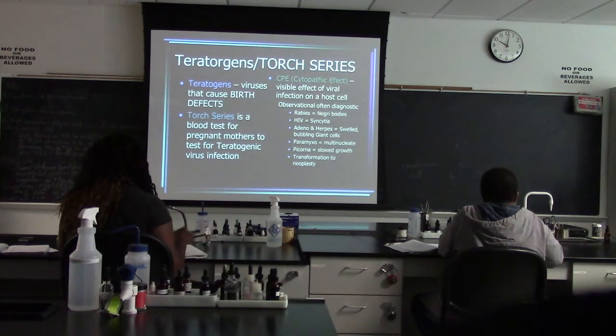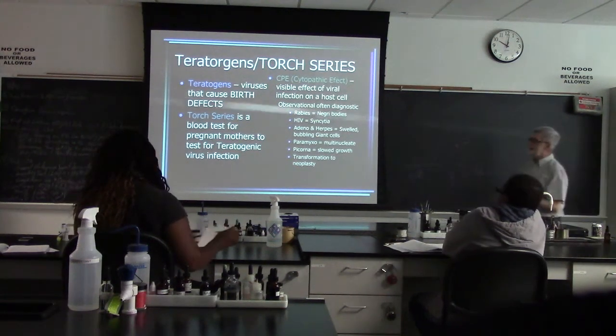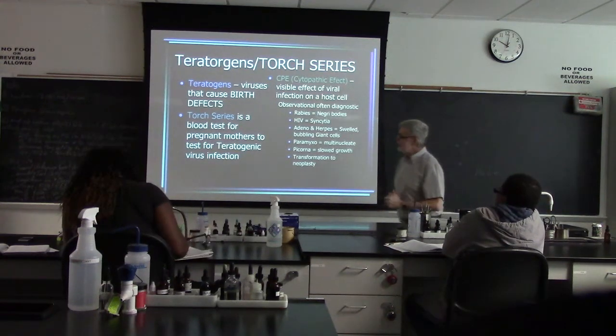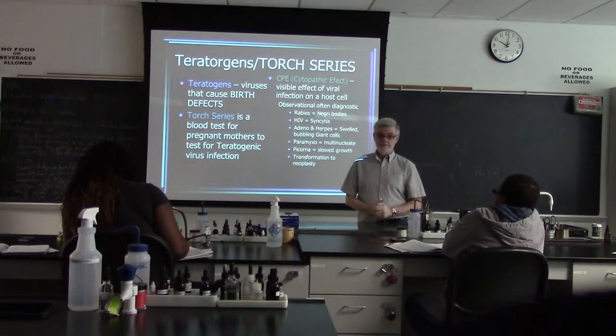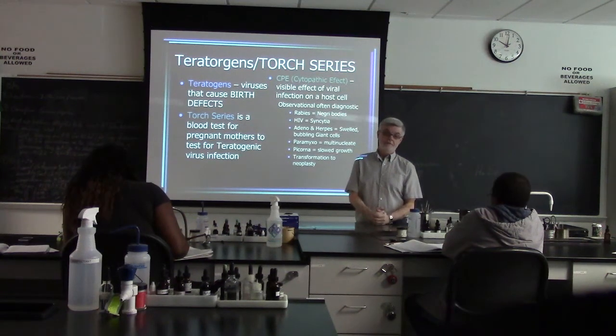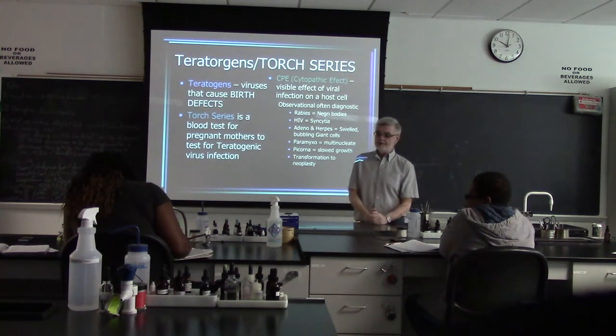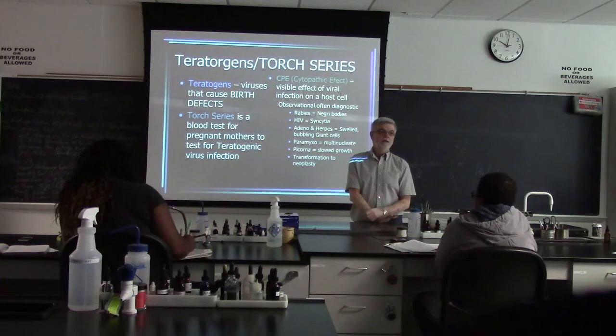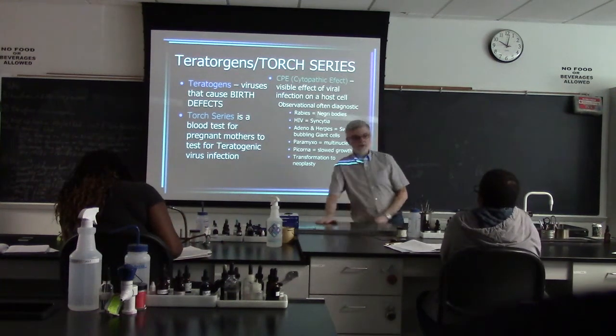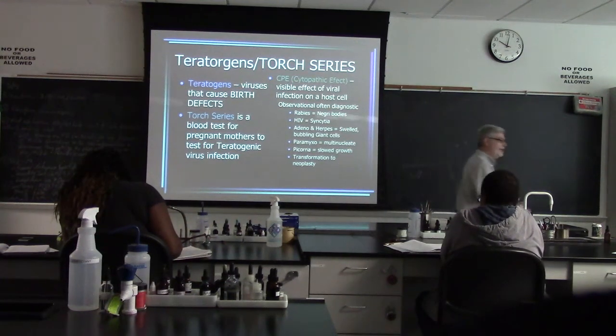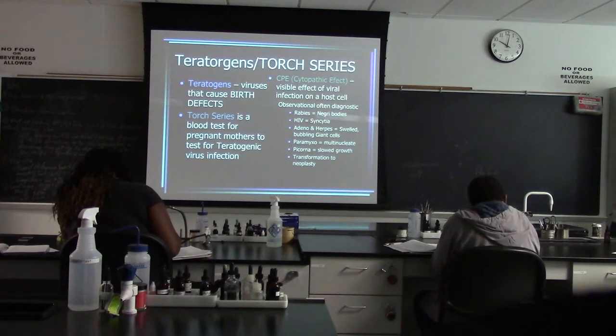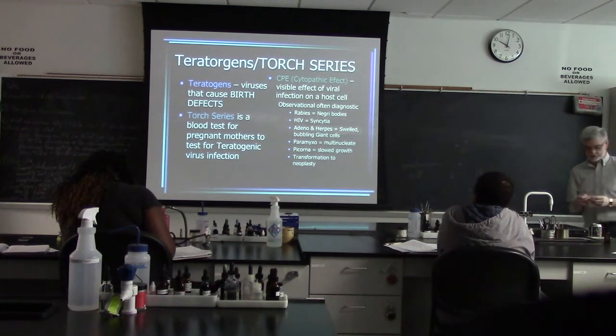What is meant, this is vocabulary, by a teratogen? A teratogen is a virus that results in birth defects. Whenever you find out you're pregnant and you go to the doctor for the first time, they're going to take a blood test to see if you have any active infections with teratogens.